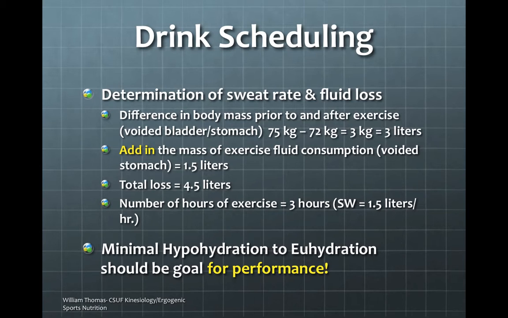Like 2 small bottles is about 1.24 liters per hour. So you could do 2 small bottles per hour, and that would suffice, provided the exercise session isn't 24 hours, right? In which case you might get to that 2% of hypohydration.